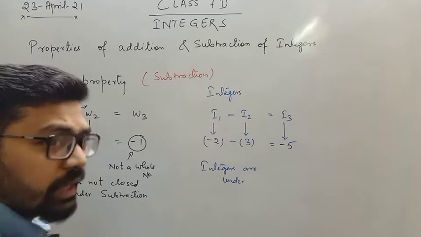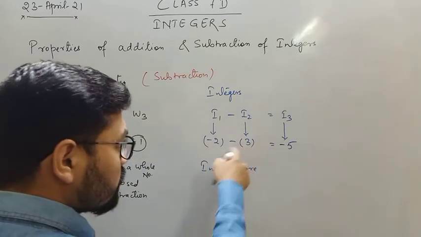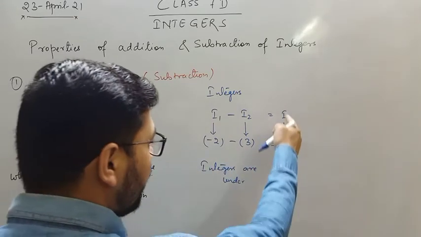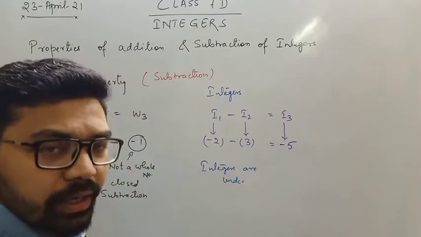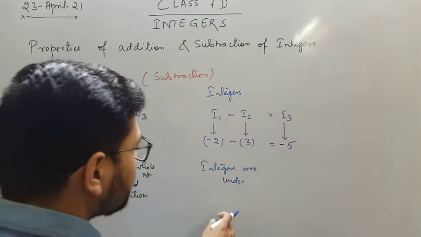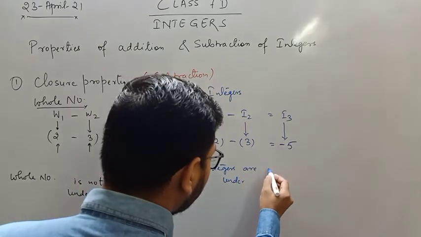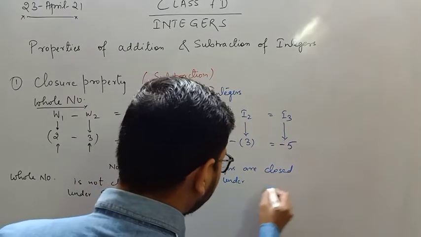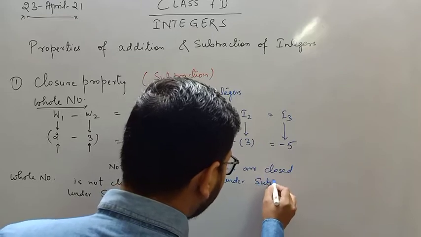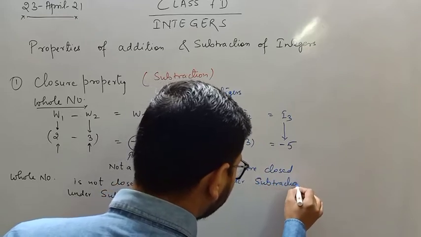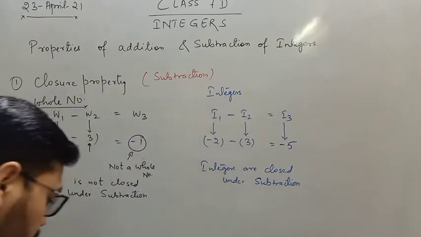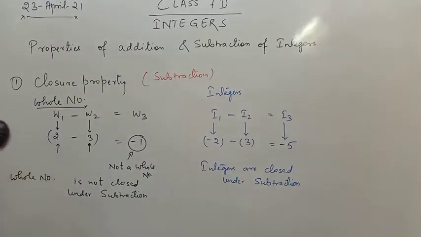Minus 2 is a negative integer, plus 3 is a positive integer, and minus 5 is again a negative integer. So you can say integers are closed under subtraction. Any doubt in this? Please note it down fast.